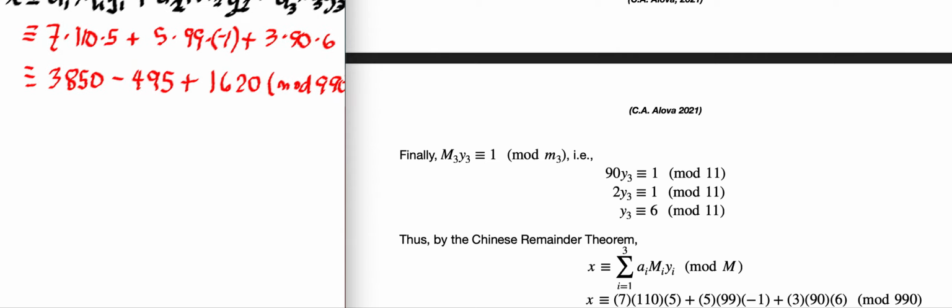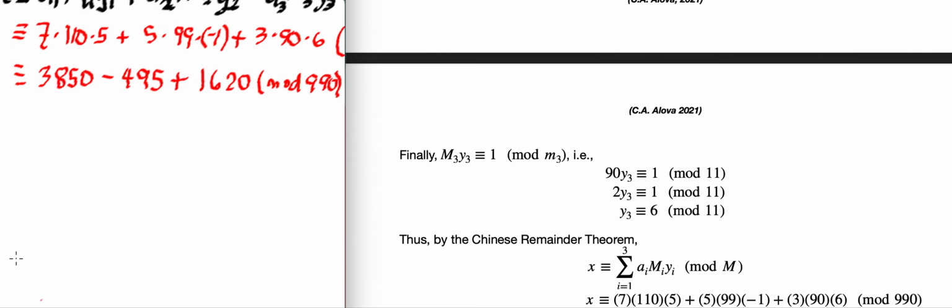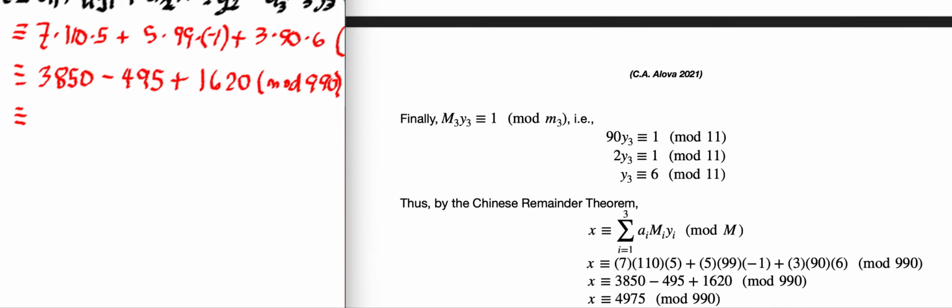Okay, all mod 990. Now let's do the arithmetic even more. What's the answer? 3,850 minus 495 plus 1,620 is going to give us 4,975. So you can see the answer over here on the right side of your screen.